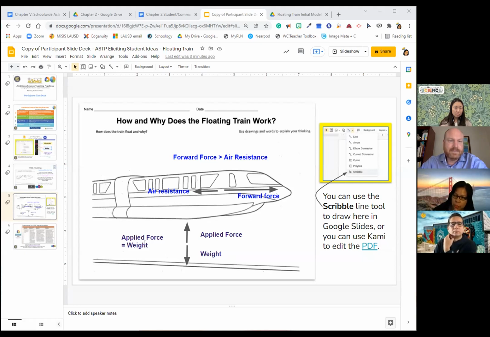That's the assumption. So therefore, applied force going up is equal to the weight pulling down. And then it's going forward at a certain acceleration because it's speeding up. Therefore, the forward force caused by whatever is powering it is way greater than the air resistance through which this is cutting. This is where we got so far.